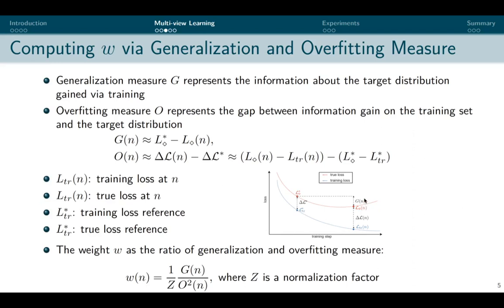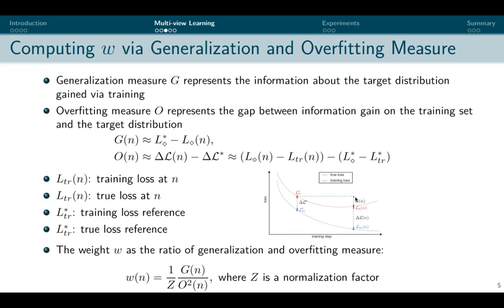Then at the current time n, we can always compute the gap between the current true loss and the reference. This value G represents the generalization measure.